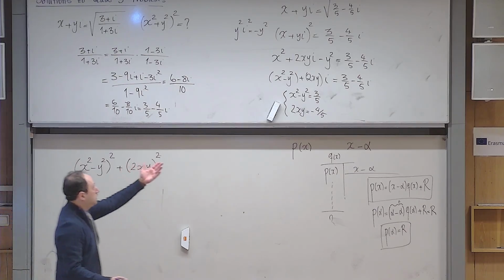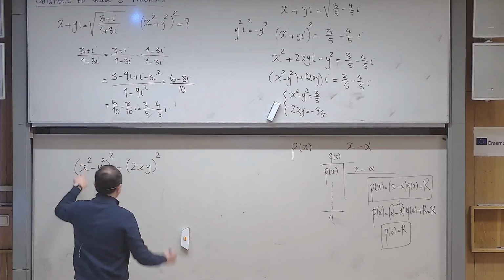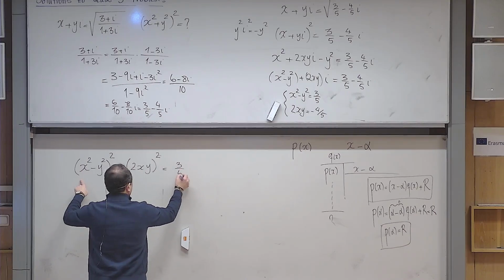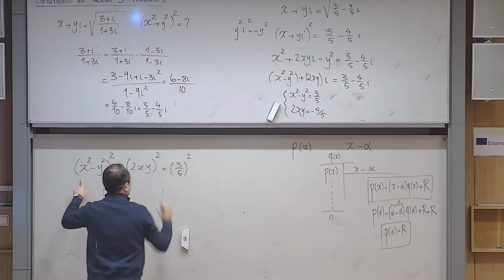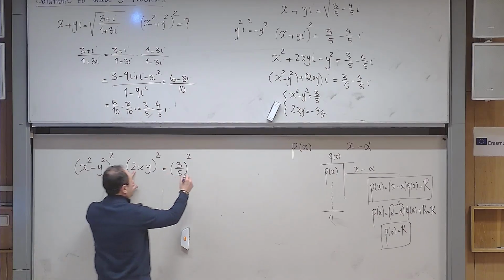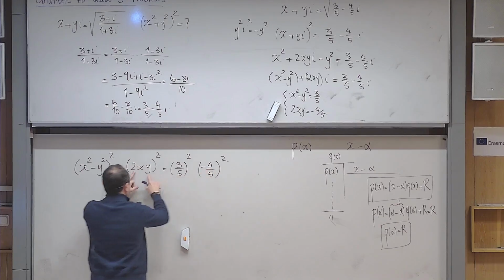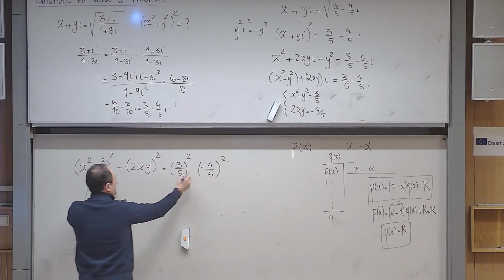Yes, because that number is 3 over 5, so instead of this, I put what? Yes, instead of this, I put 3 over 5, it is there. And instead of this, I put minus 4 over 5, and then I am supposed to add.